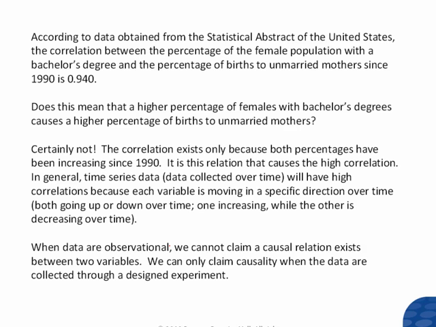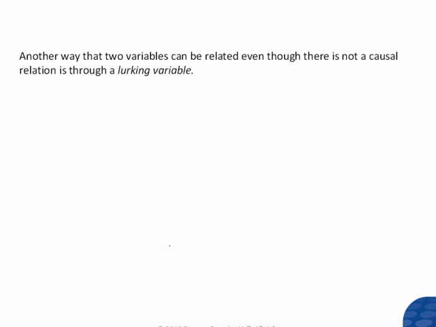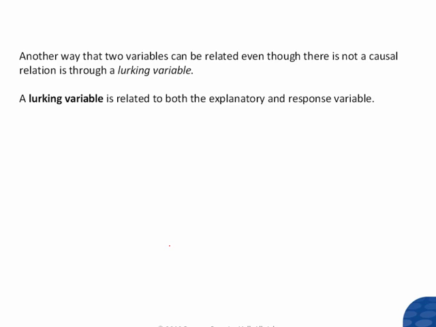All right, let's look at another example. Sometimes we've seen in observational studies that two variables are related to each other not because there's a causal relation between the two variables, but rather because there's a third variable lurking in the background. Remember, a lurking variable is a variable related to both the explanatory and response variables.